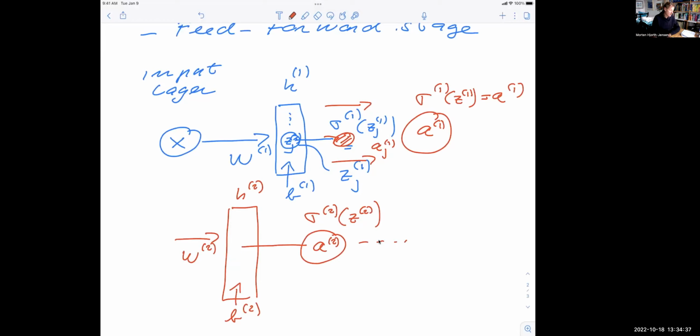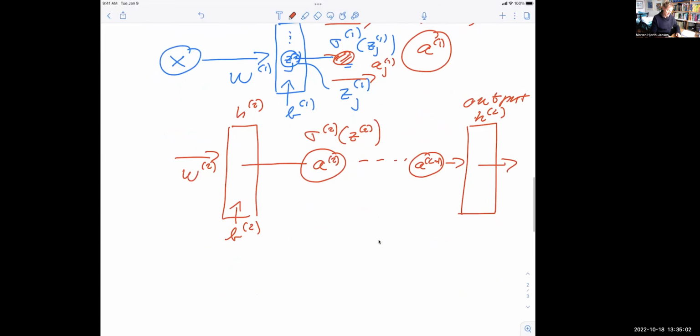We label the final layer, so we would now have A of L minus 1. L is the final layer, this is the output layer. So we have the output layer, and this would be an H of L. And we just continue along this line.